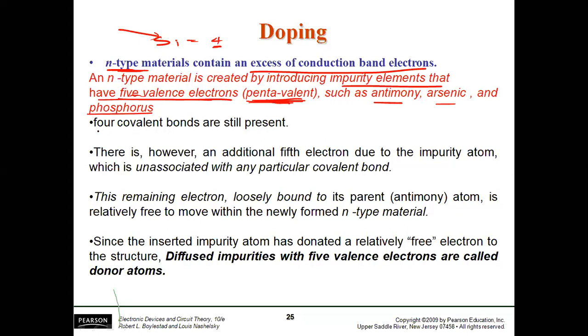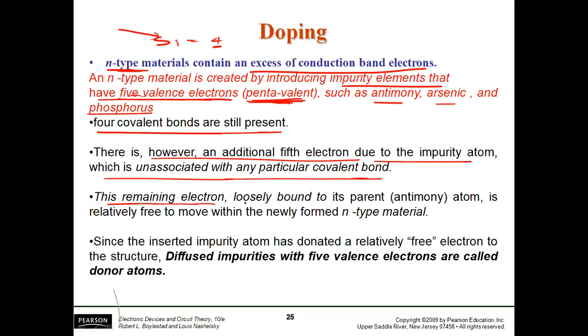Okay, so 4 covalent bonds are still present. However, there is an additional fifth electron due to the impurity atom, which is unassociated with any particular covalent bond. This remaining electron is loosely bound to its parent atom. Let's say that antimony is being introduced. So this electron is relatively free to move within the newly formed N-type material.